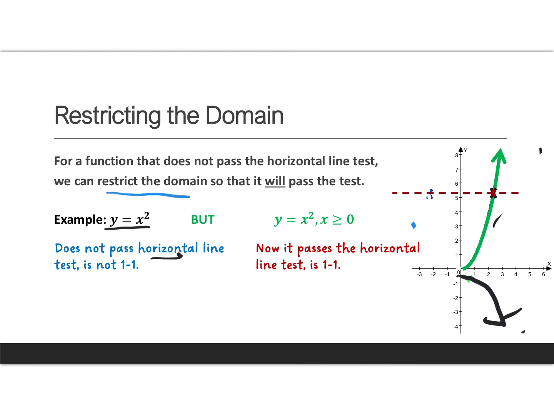And no matter where I cross just that one, it passes the vertical line test, because the mirror image of the green is fine all by itself. So we're saying we will restrict the domain to be all values greater than or equal to 0. And that's what we write here. If we restrict the domain, I can create the inverse, at least a piece of that parabola that can be used as an inverse.